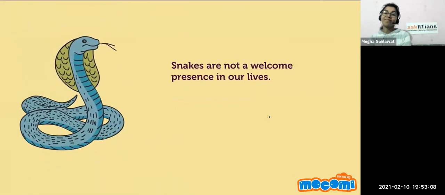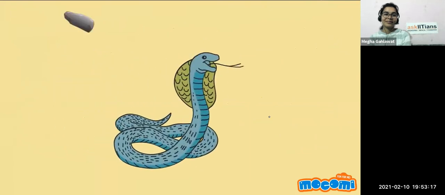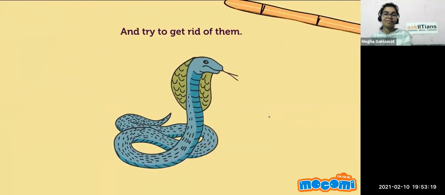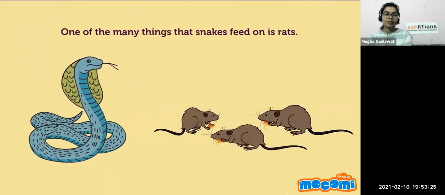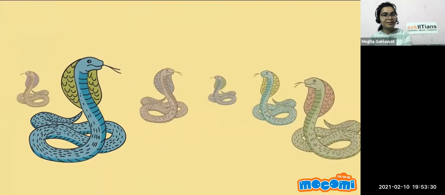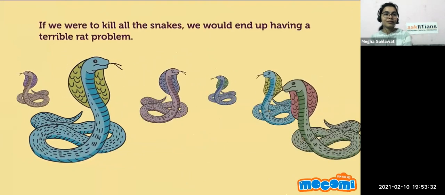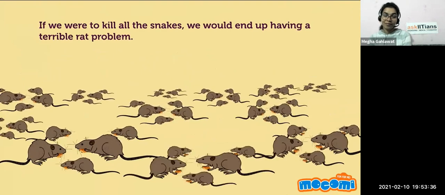Snakes are not a welcome presence in our lives, so we fear them and try to get rid of them. One of the many things that snakes feed on is rats. If we were to kill all the snakes, we would end up having a terrible rat problem.